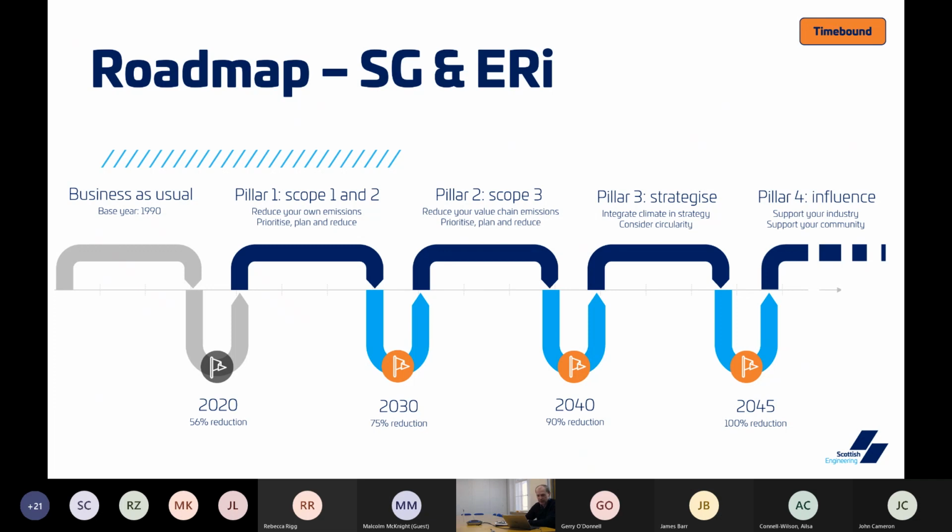Then by 2030, you'd move to a 75% reduction, focusing on Pillar 1, which is scope 1 and 2. And then by 2040, you gain another 15% by focusing on Pillar 2, which is scope 3, your supply chain. And then for 2045, you achieve 100% reduction, and hopefully there'll probably be some ETS in there.